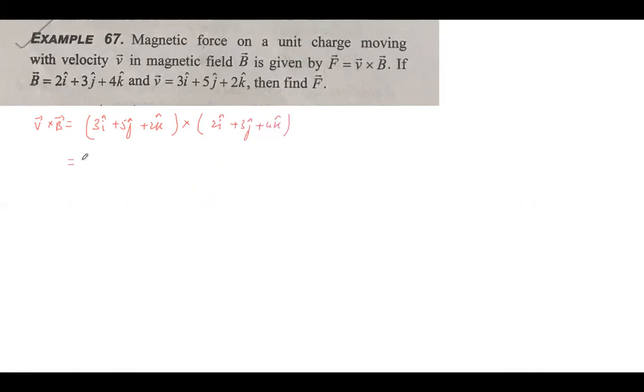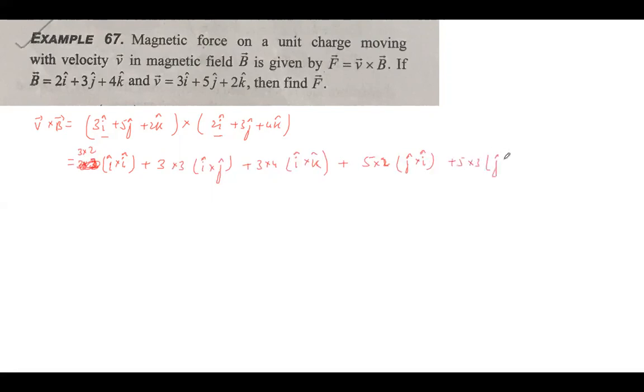When you are taking a cross product, here what will happen, we will write it like this. See, i cross i we know is 0, so this will be 0 only, 3 times i cross i. Plus 3 into 3, i cross j, right, and 3 into 4, i cross k, plus 5 into 2, we have j cross i.